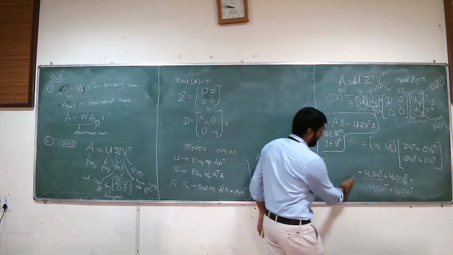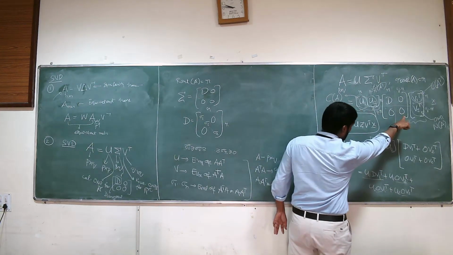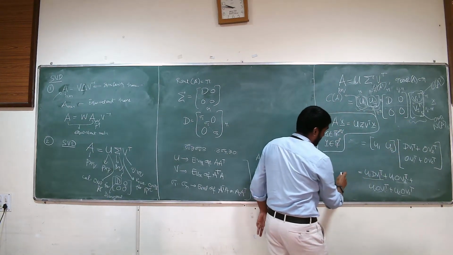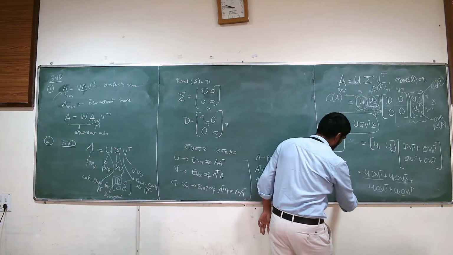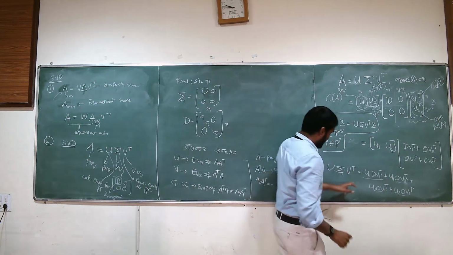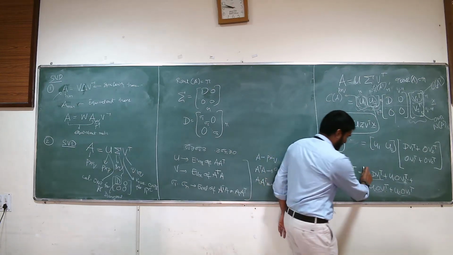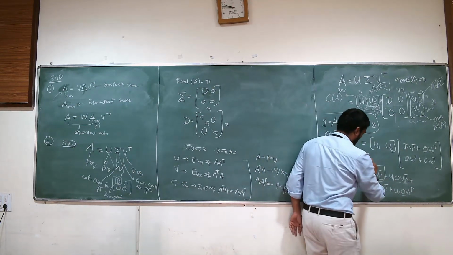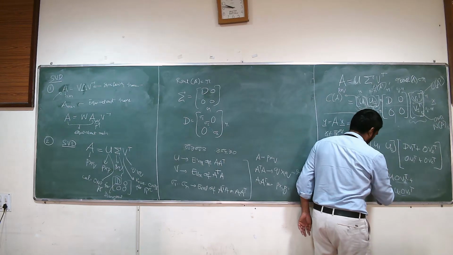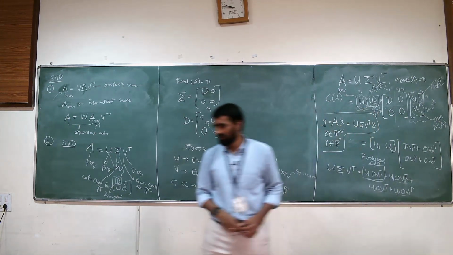So effectively, even though we've written it like this, U sigma V transpose is simply U1 D V1 transpose, and this is called the reduced SVD.